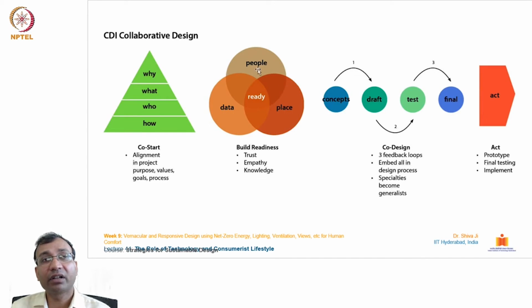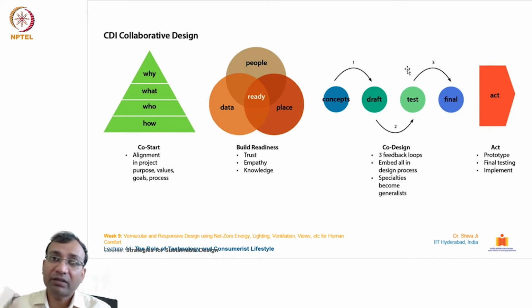Similarly it is given over here: people, place, and data. Between these, you can check your readiness level, and you can go for empathy-based understandings and insights, drawing, etc. Further, next to that, again conceptualizations, drafting, testing, and coming up with the final. So this is a standard, typical design process. And there are feedback loops, which help us to refine the processes which we have already carried out.